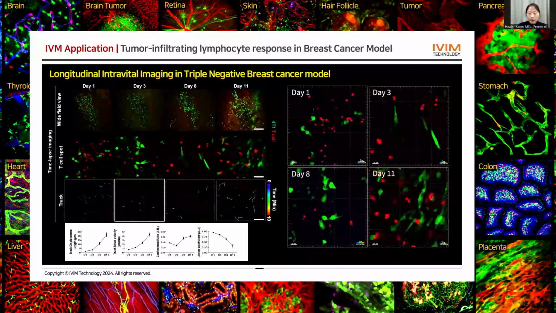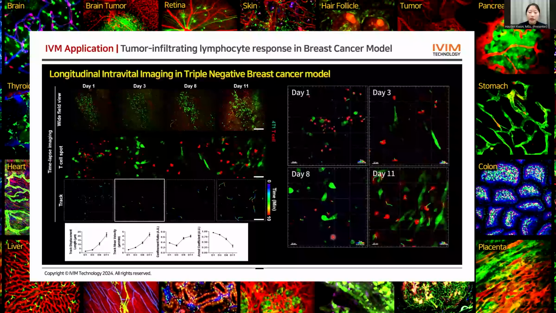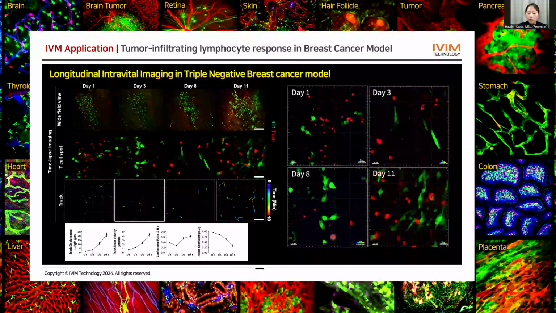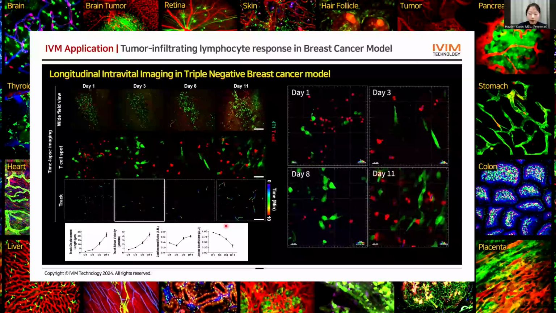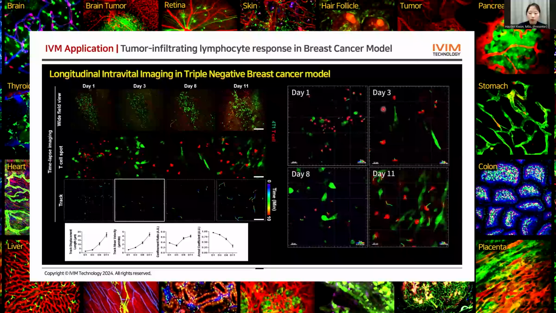To assess the infiltration of T cells into the tumors within the breast cancer animal model, we conducted adaptive cell therapy by injecting fluorescent T cells, representing the red signals here. Subsequently, we tracked and observed the activation of tumor-infiltrating lymphocytes using in vivo microscopy on day 1, 3, 8, and 11.